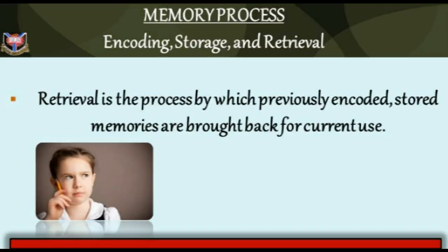This information is stored somewhere in the brain, that is the hard or floppy disk, and it is retrieved, that is brought up on the monitor screen when needed. This process of encoding, storage, and retrieval will help us to understand the three systems of memory models: sensory, short-term memory, and long-term memory.